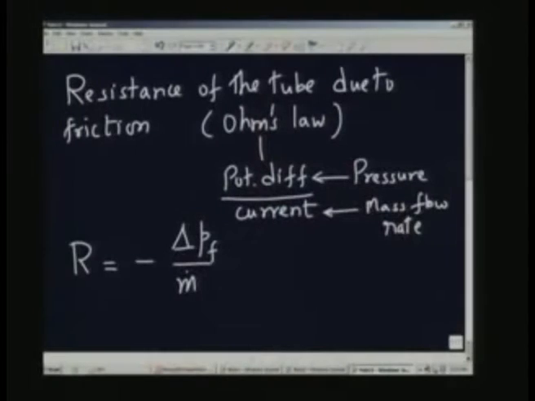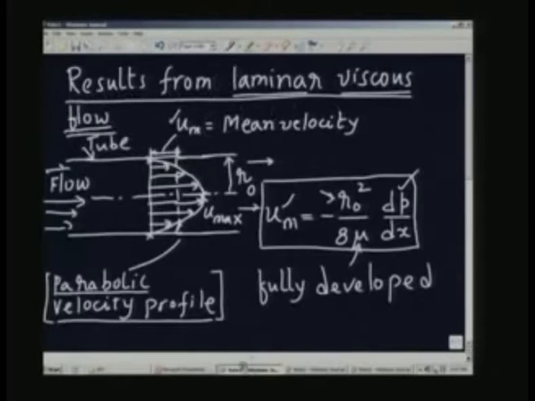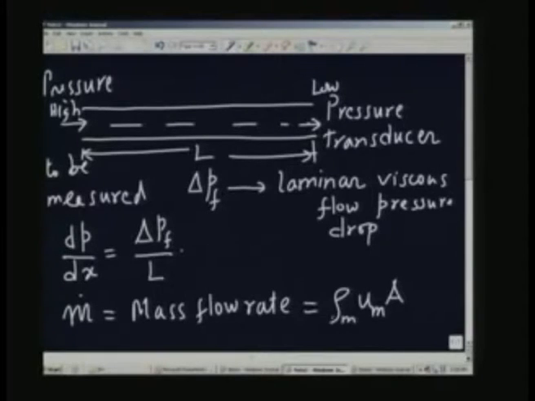All I have to do now is to combine the expression in the previous. If you remember, I have got u m equal to r naught squared by 8 mu dp by dx, and in fact, this dp by dx is nothing but delta P f by L. So, I am going to take this expression, and the second expression I have got is rho m u m into A equal to the mass flow rate.